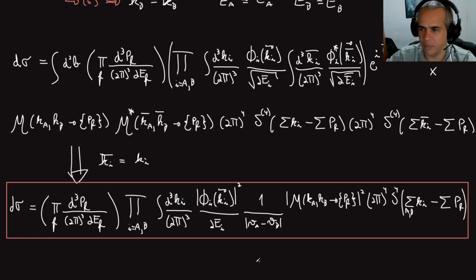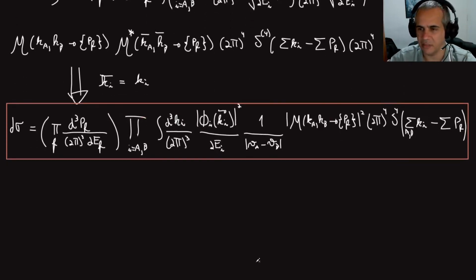Let's now bring this a little bit closer to what happens in a laboratory. Remember that usually when you're doing these scatterings, you don't know the position of the particle at each point of time. So position is usually not very well known, but you know fairly well the momenta.